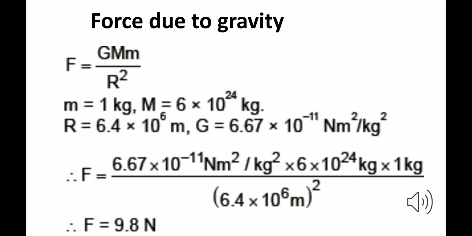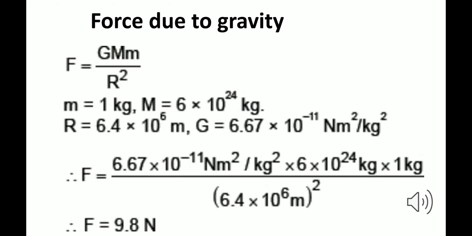Now, every object on the surface of Earth applies a force on an object which is moving away from Earth, that is 9.8 newtons. You know that acceleration due to gravity is 9.8 meter per second square. Now, the force applied by Earth on the object is 9.8 Newton.